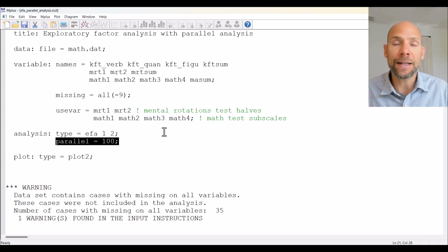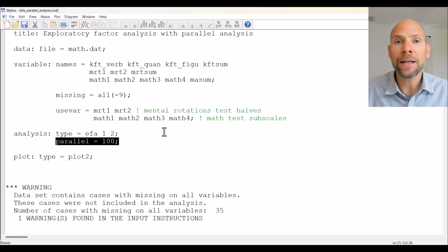A parallel analysis serves to determine eigenvalues for sets of random variables. So random variables that have no relationship in the population, that would only correlate in sample data based on sampling error, sampling fluctuations.